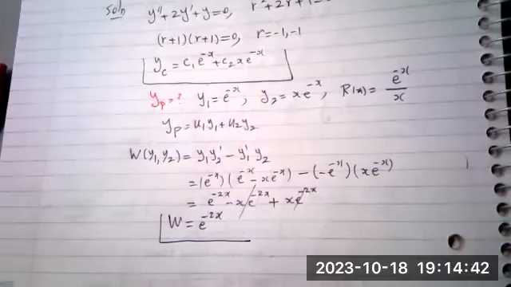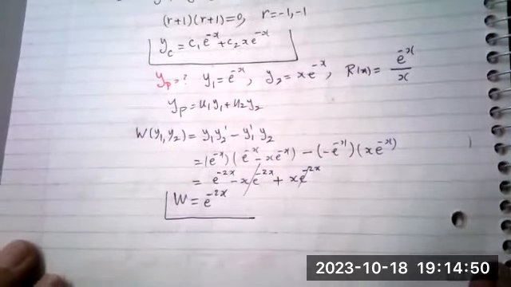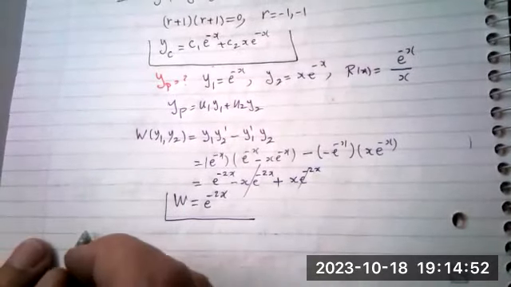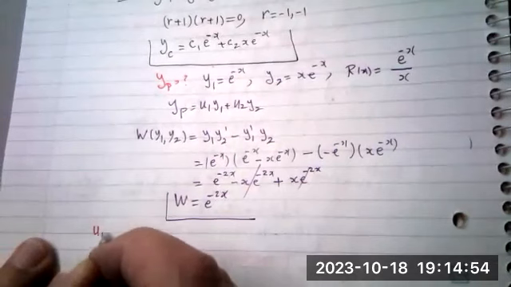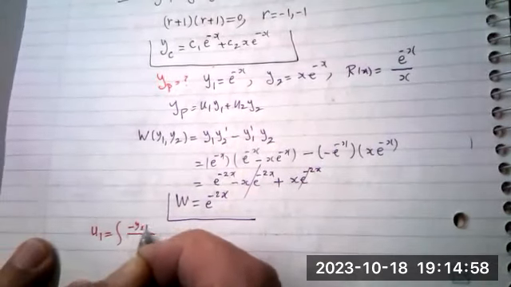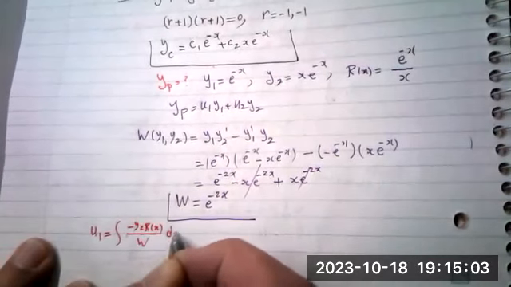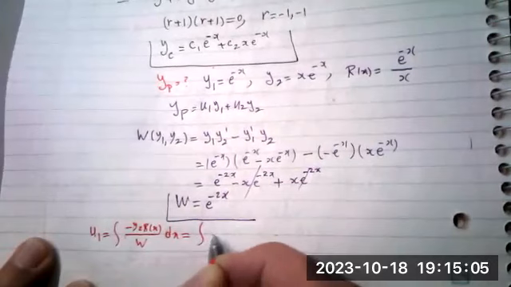Okay, your R of x is a nice function, so we're just forming the u1 and the u2. Let's find u1 first. u1 is the integral of negative y2 R(x) over W dx.